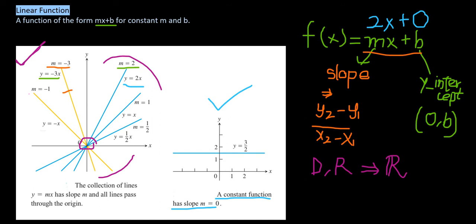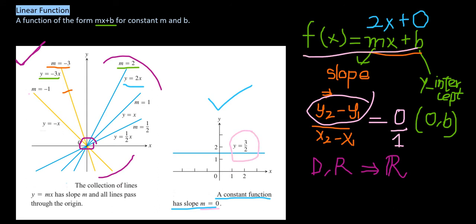We get a 0 slope when our y2 minus y1 value becomes 0, and there must be a value other than 0 in the denominator, and in this way you can see that our slope will become 0, and we will get a constant value in this linear equation.